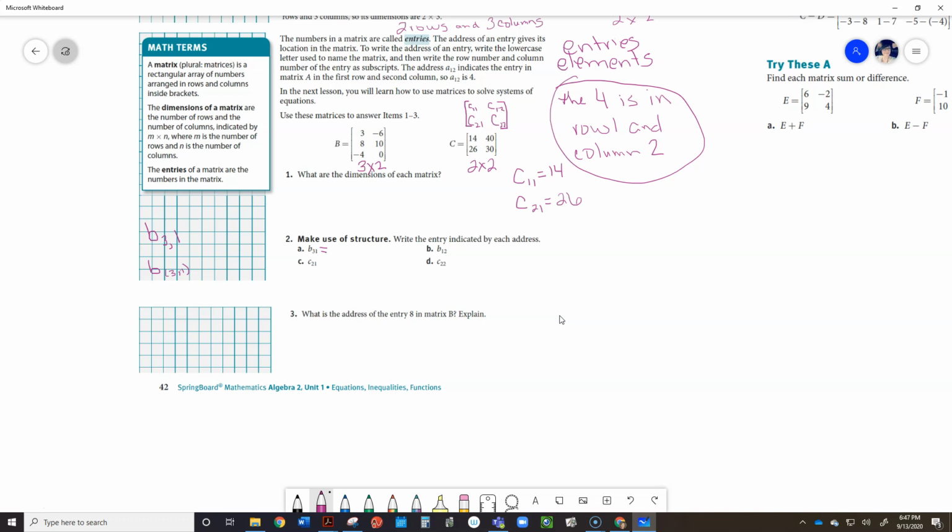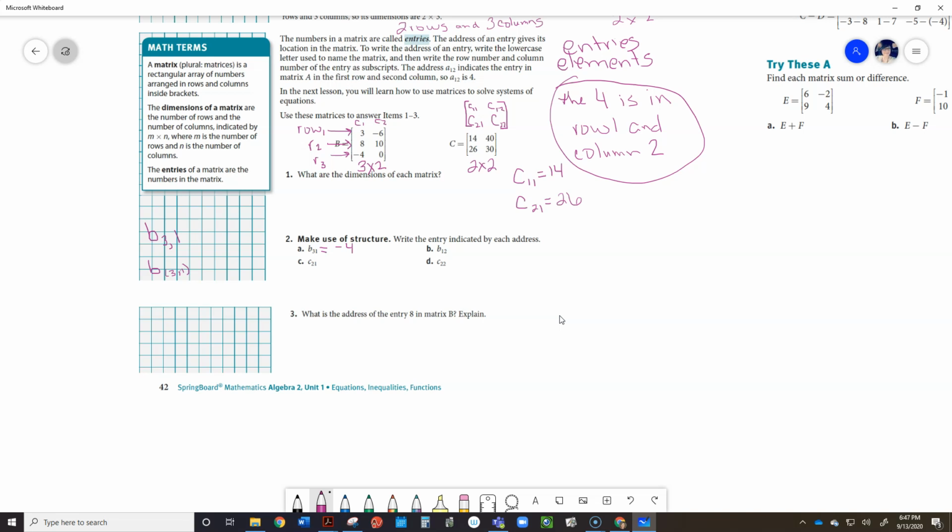B, third row, first column. And if it helps, just do row 1, row 2, row 3, column 1, column 2. And we want matrix B, because that's what the B stands for, third row, column 1.